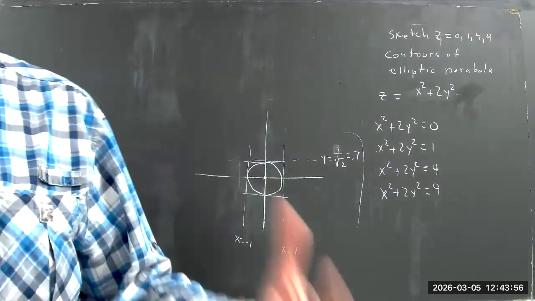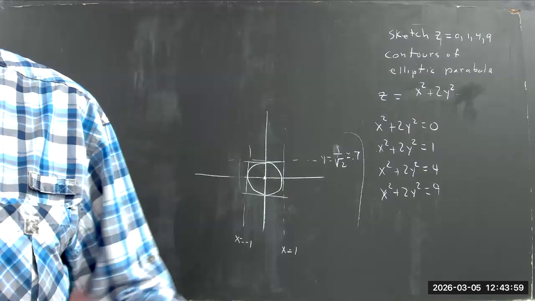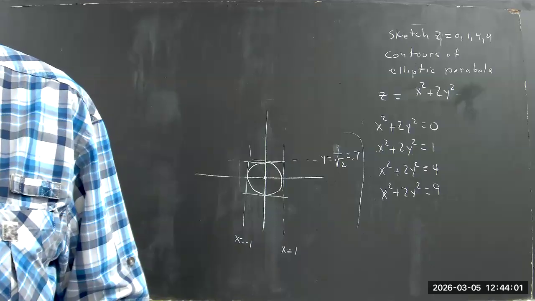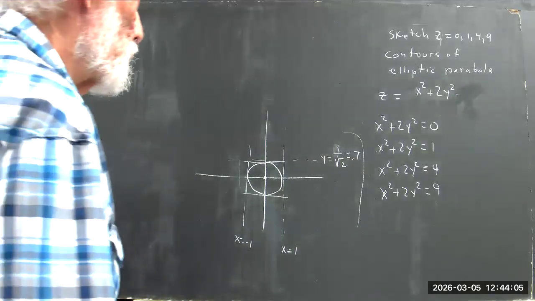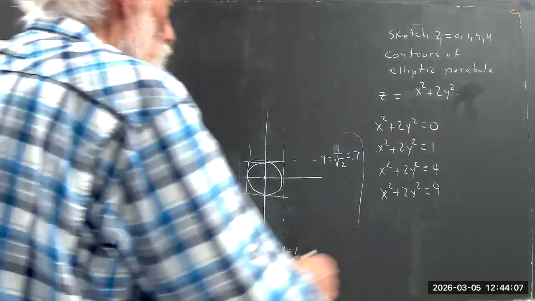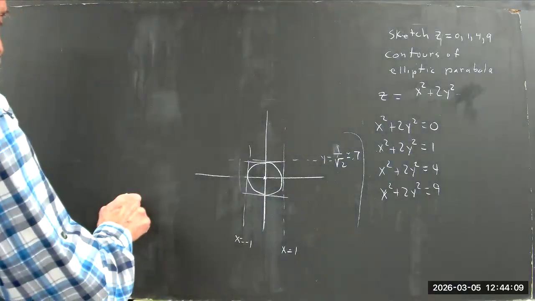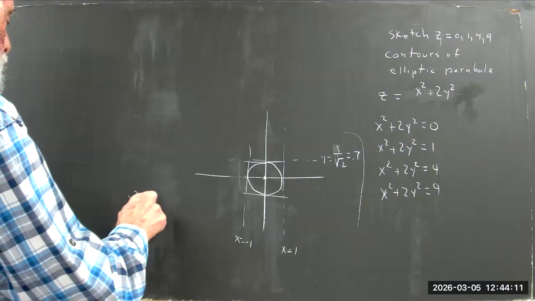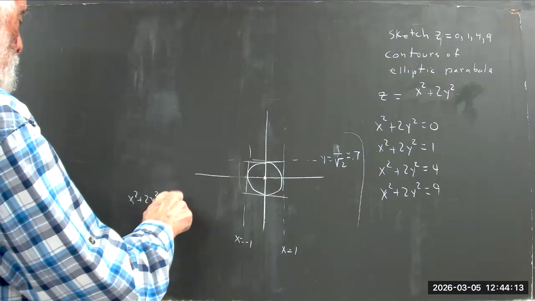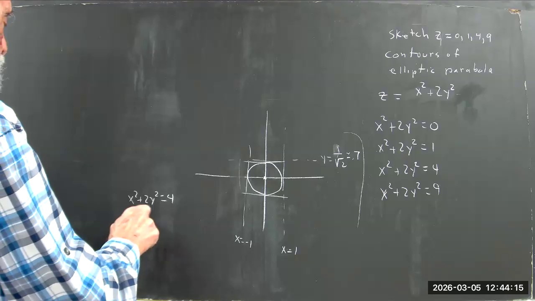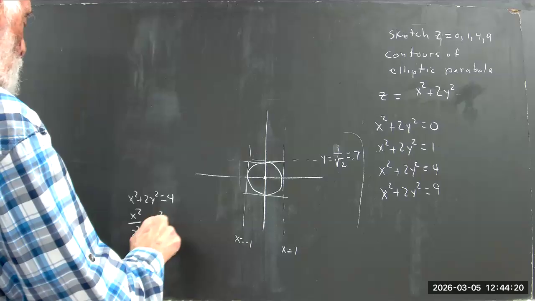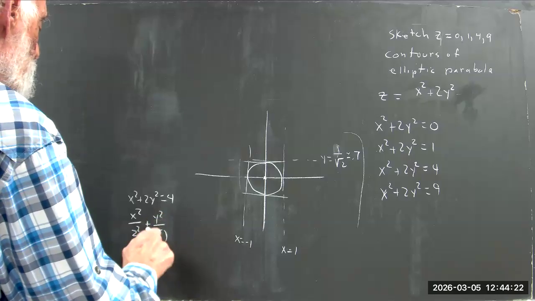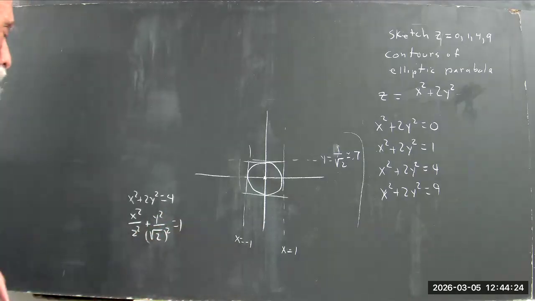Well, you should review conic sections if it's not clear. A lot of you are writing out the right stuff. You write out the equations and you put the conic sections into their standard form, x squared plus 2y squared equals 4.